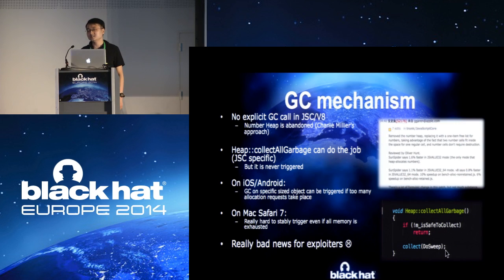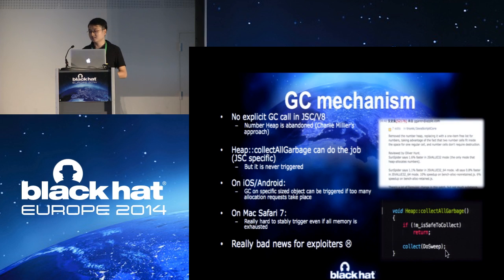Unlike IE and Firefox, where you can just call the GC function through some interface, there is no such interface in WebKit, although some security researchers like Charlie Miller found some way to use number heap previously to trigger GC.